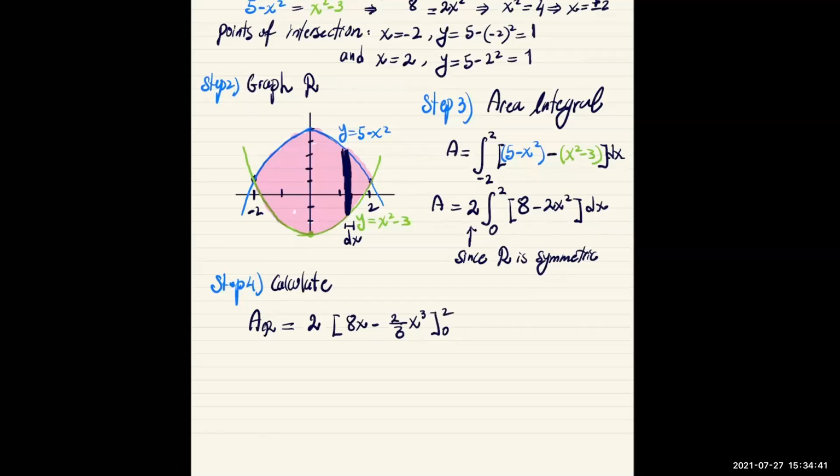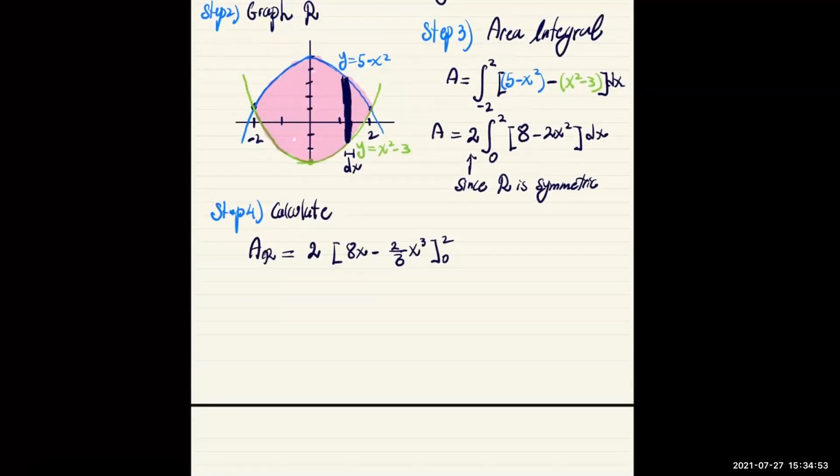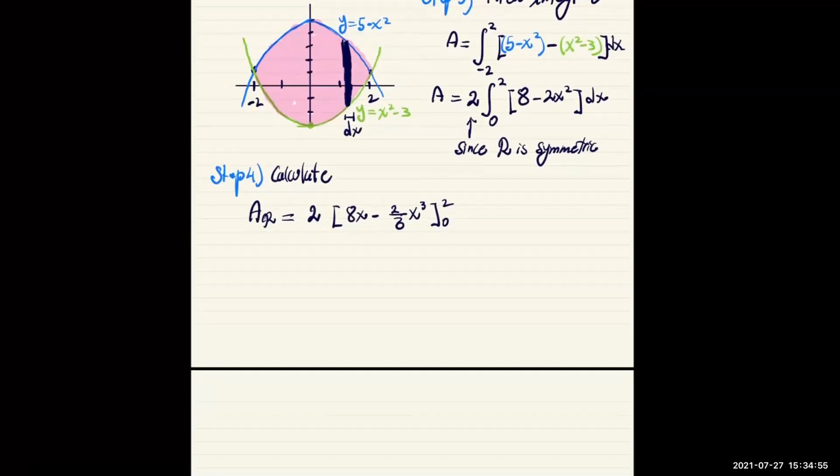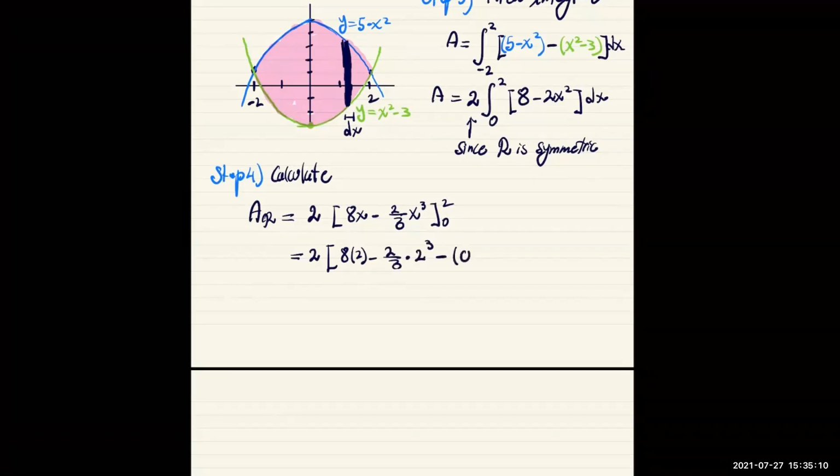See, the wonderful thing about taking advantage of symmetry is that when you plug 0 into these, you just end up with zeros. And you don't have to do a lot of calculations. So evaluate. Plug 2 in. You get 8 times 2 minus 2/3 times 2 cubed. Plugging 0 in, you just get 0.